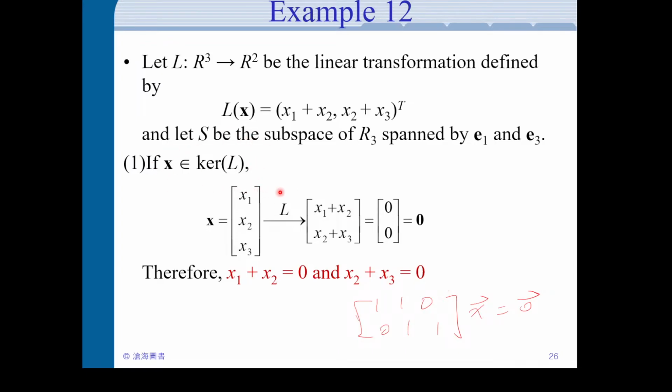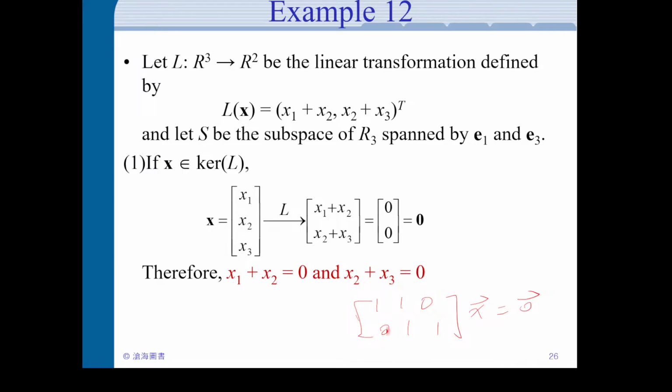For the kernel, you want x1 plus x2 equal to 0, and x2 plus x3 equal to 0. So basically we solve Ax equal to 0, and we know how to find the solution space of Ax equal to 0.